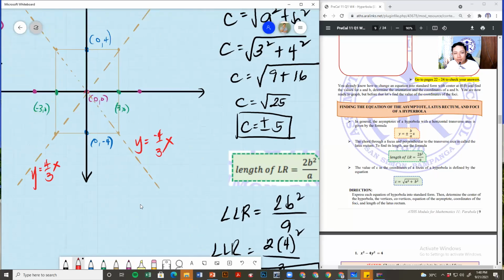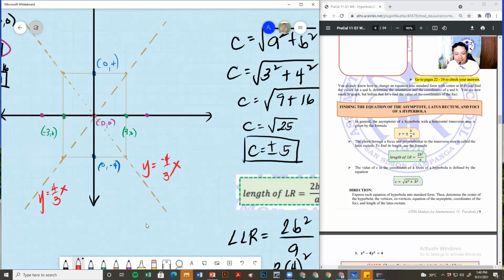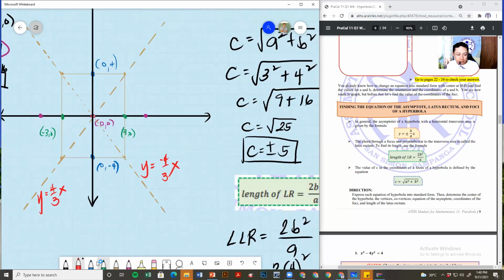Let's now go back to our graph. Okay, let me use red. It's 5.33, right? So from your focus, everybody listen, from your focus, you need to count 5.33 up and 5.33 down.